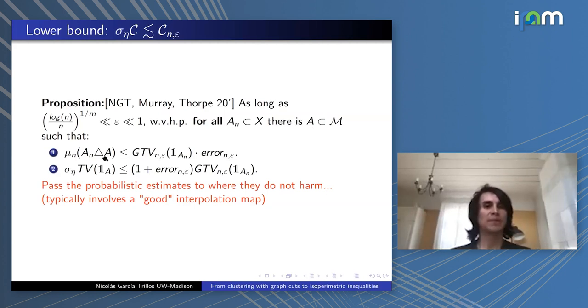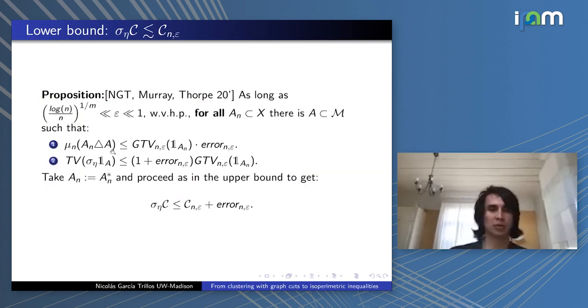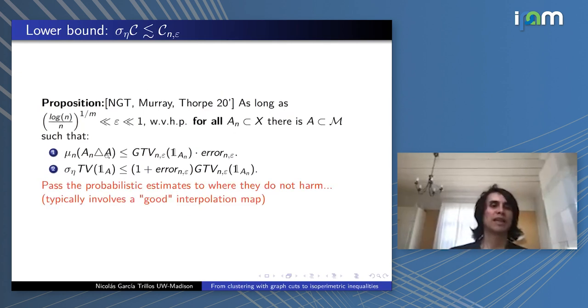The first one says that the interpolation is not too far away from the original set. So we're saying that the difference between the original set and its interpolation is going to be bounded by something that is small.